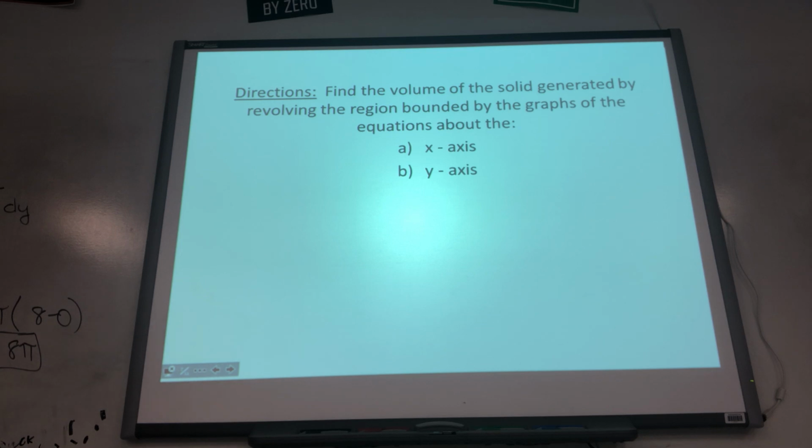Part B, we're going to go around the y-axis.